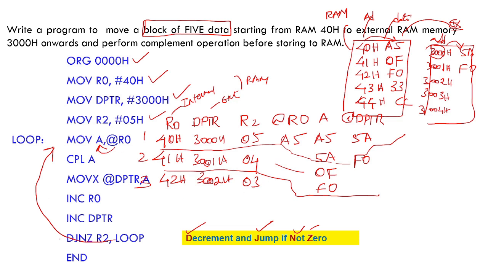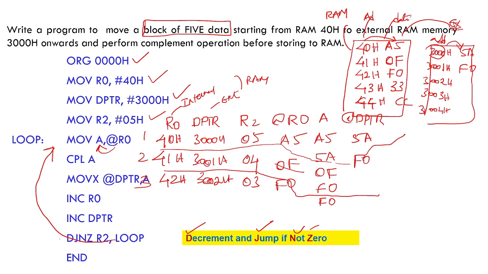So then I want to go to the loop again. And what is the content of R0? F0, right? So F0 will go to A, right? So currently it will hold F0. So that you can update here also. Okay, now after execution, this is the output you will get, right? Now you want to take a complement.